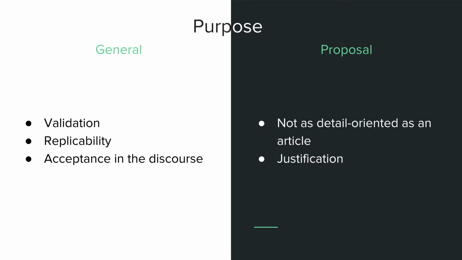So what then is the purpose of a method section? In general, which for us means in academic publications, whether they be journal articles or proposals, the general purpose for a method section is to be able to validate the knowledge within the discipline. Most importantly, it's a sign to your reviewers that your methods are replicable, meaning if they go through the same procedures with the same materials, with the same populations or sites, they're going to achieve roughly the same results.